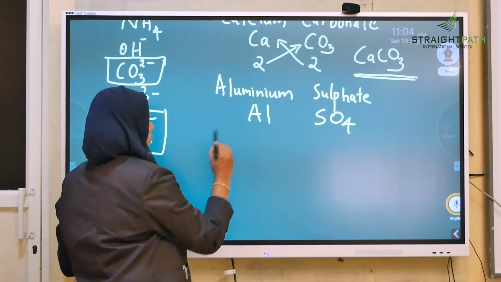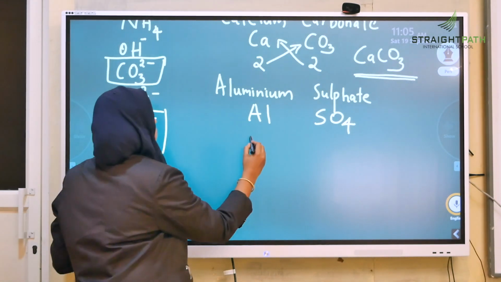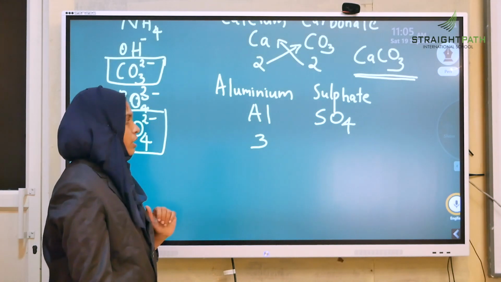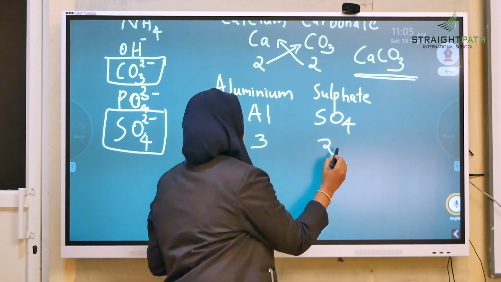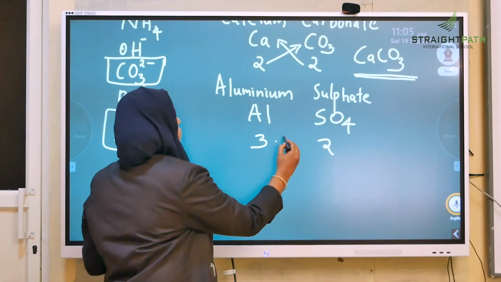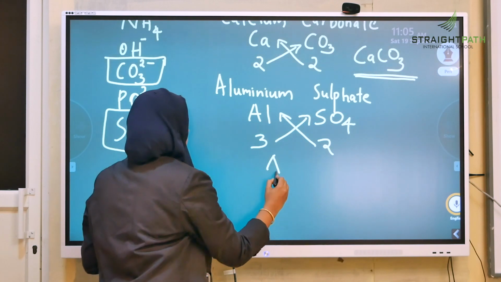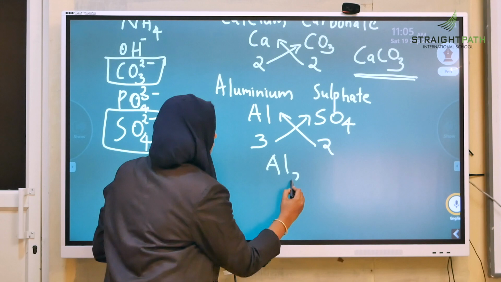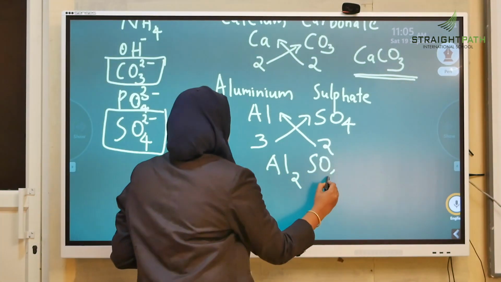And the valency of aluminum: it is in the third group, so the valency is equal to 3 for aluminum, and for sulfate it is equal to 2. Then crisscross and write the chemical formula. So these two come here, Al2, then SO4.